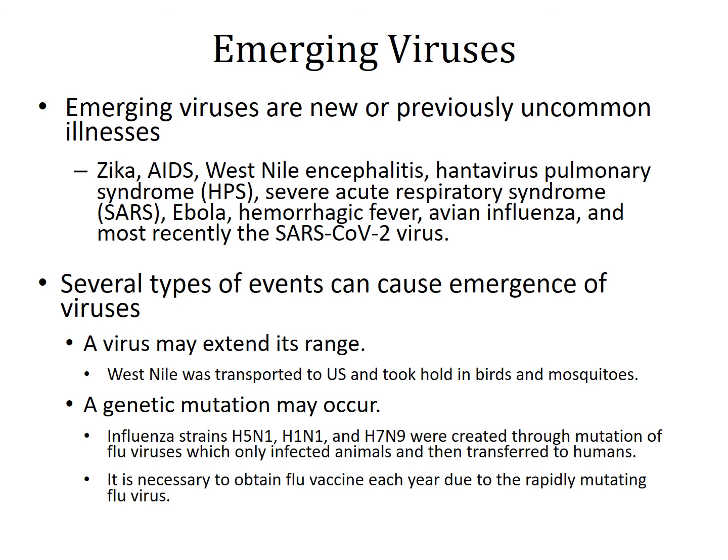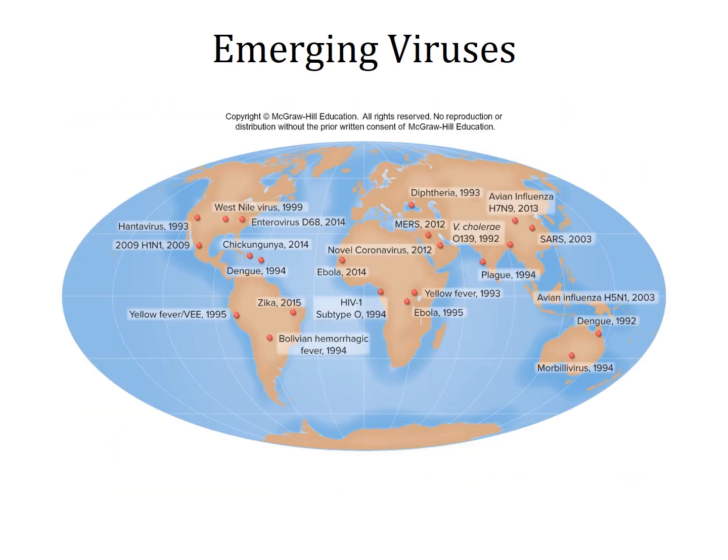Or sometimes a genetic mutation can occur, like the various flu strains that were created through mutation of flu viruses, which had initially only affected animals and then transferred to humans. So it is necessary to get a flu vaccine every year due to the rapidly mutating flu virus.